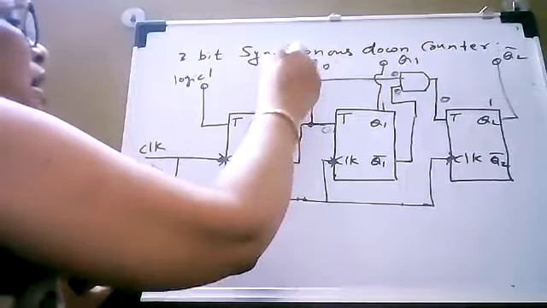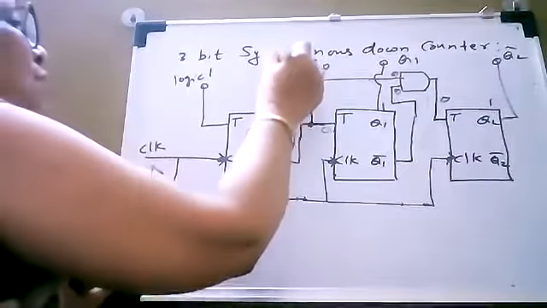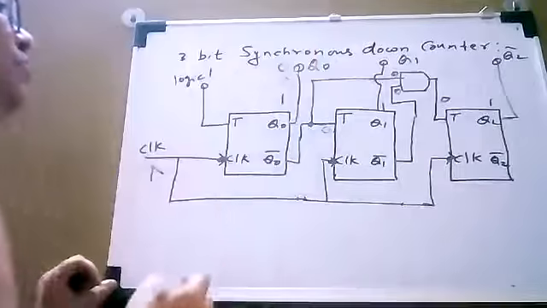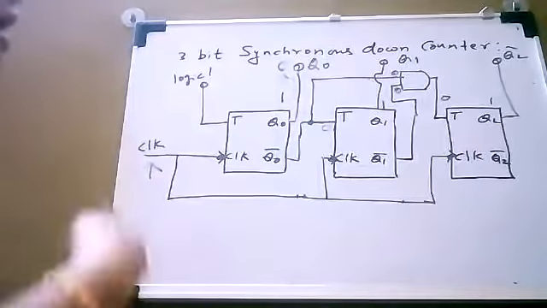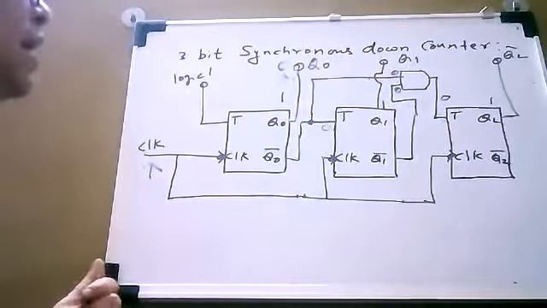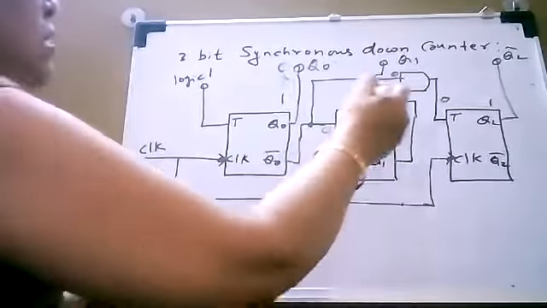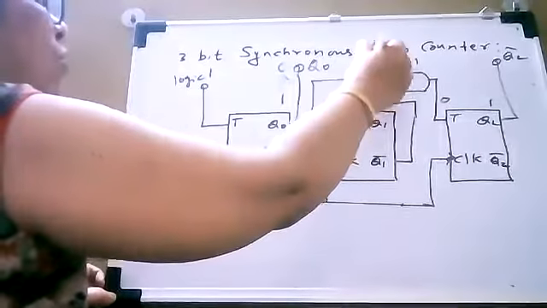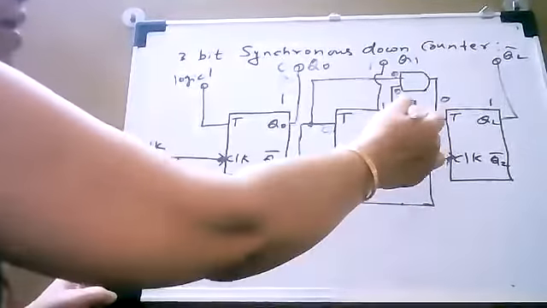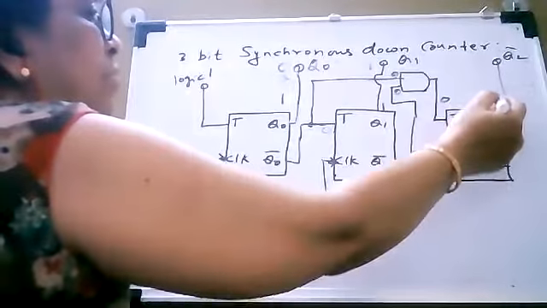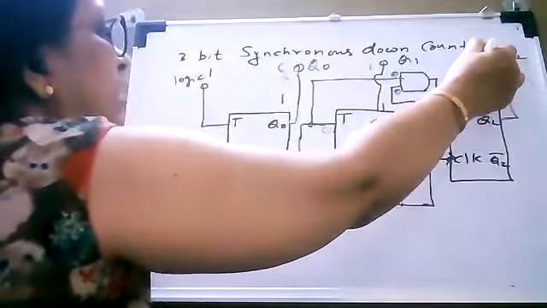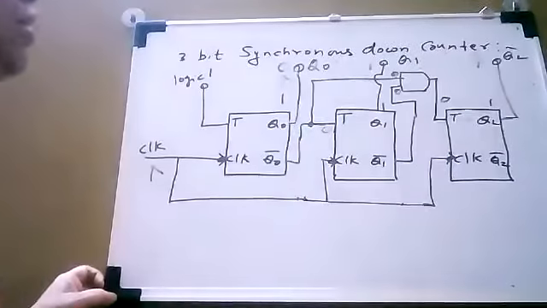The first flip-flop will toggle and change the state from 1 to 0. Similarly, you can observe that as T equal to 0 for the second flip-flop, it is not going to change the state, so its output will be equal to 1. Similarly, the input of the third flip-flop is also 0 and its output is 1, so it is not going to change the output.